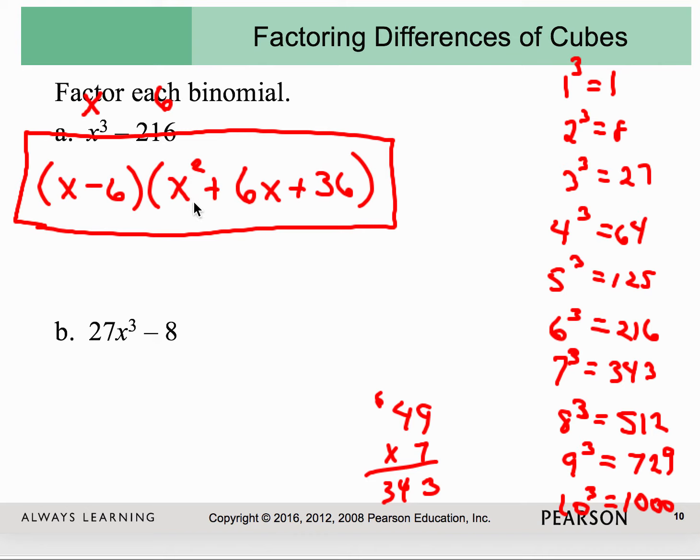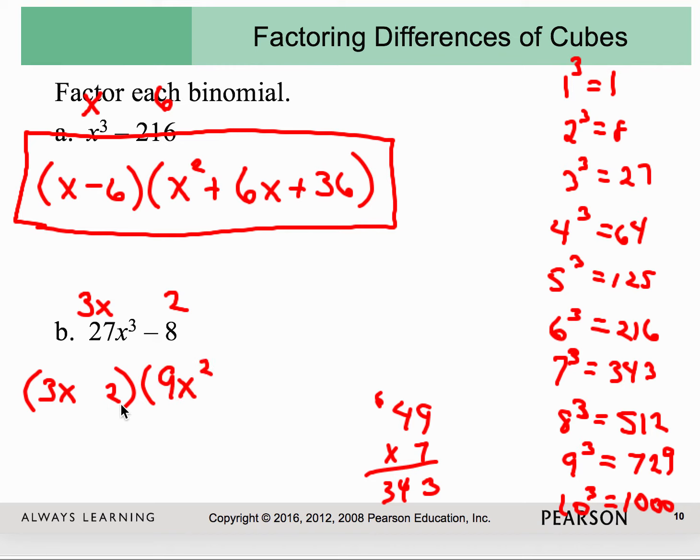Okay, let's try it again. Okay, I know I'm looking for cubes. Okay, so is 27 on the list? Yes. So this is 3, and of course that's just an x. And is 8 on the list? Yes, that's a 2. So that's what goes in my first factor. And then my next one is this times this, 3x times 3x, 9x squared.